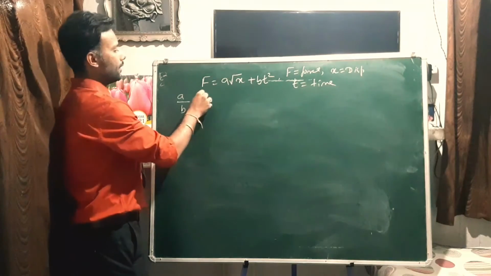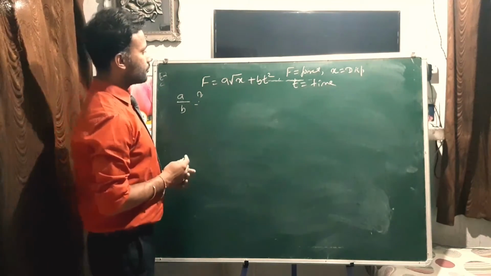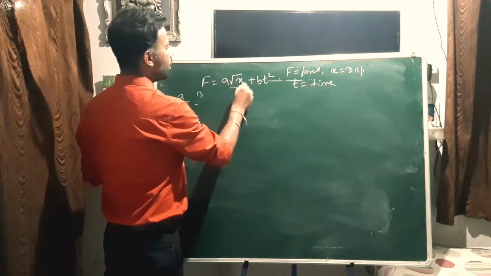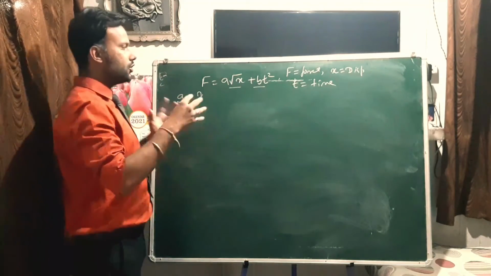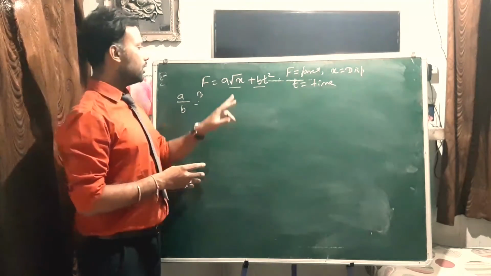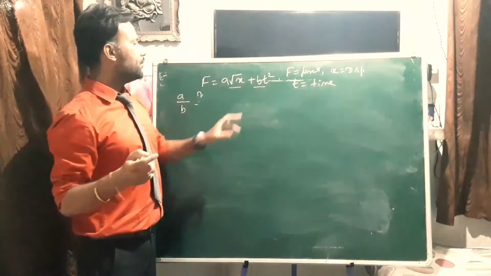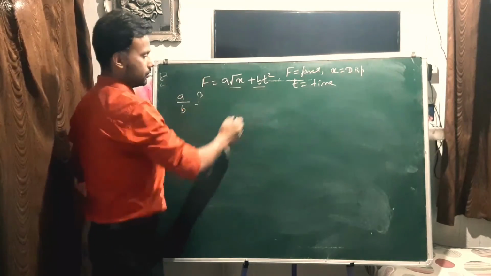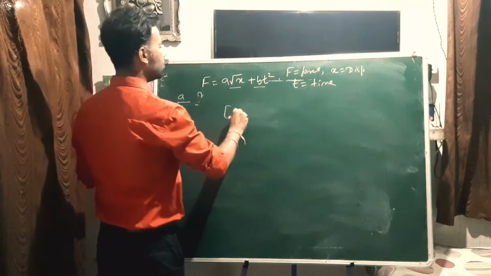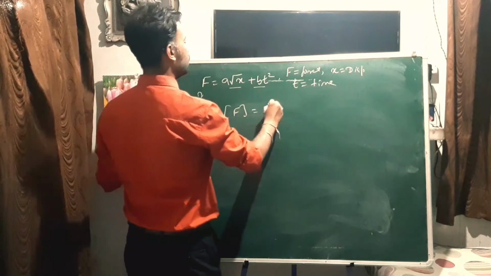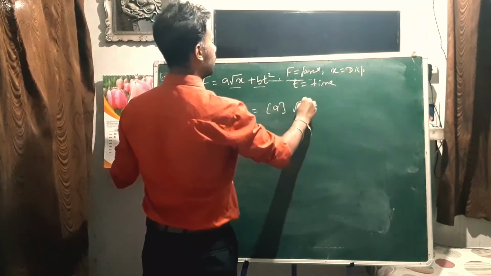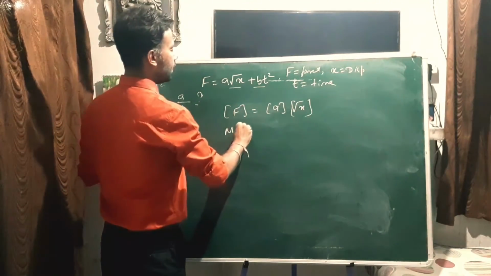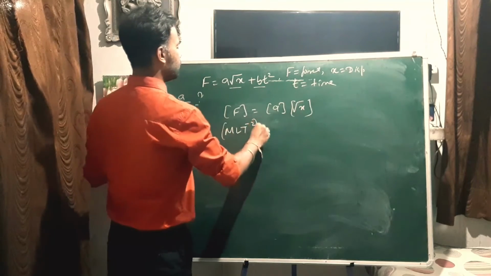Okay, solve it. Now, according to the principle of homogeneity, these two quantities are adding each other. That means the dimension of this and this must be the same, and individually the dimension of the force will be equal to this and this also, right? So dimension of force will equal dimension of a and dimension of root x. Dimension of force is nothing but M L T minus 2.